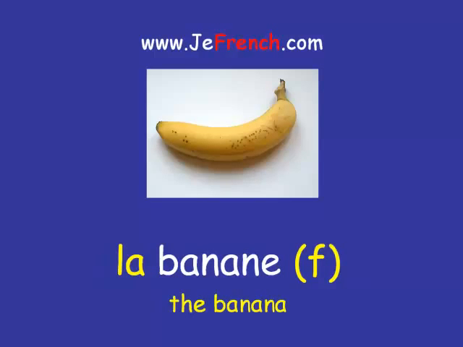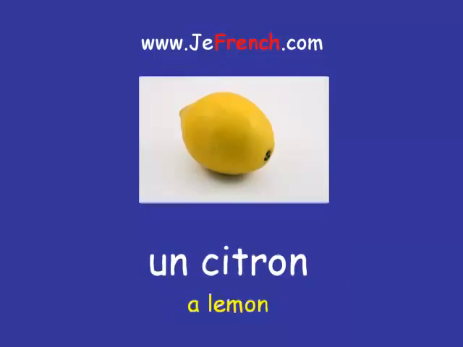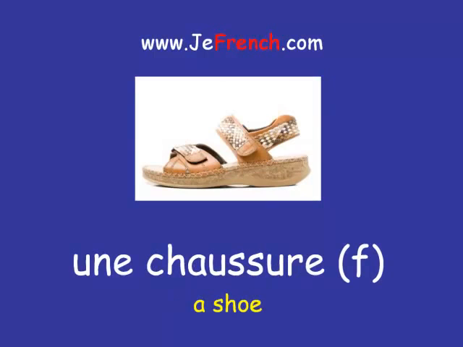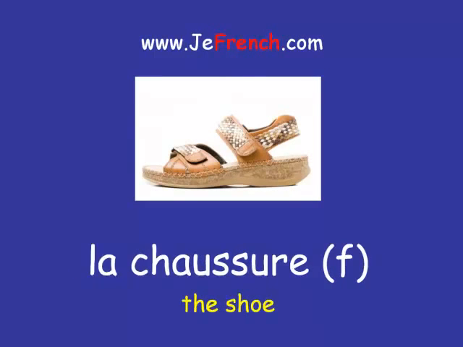La banane, the banana, la banane. Un citron, a lemon, un citron. Le citron, the lemon, le citron. Une chaussure, a shoe, une chaussure. La chaussure, the shoe, la chaussure.